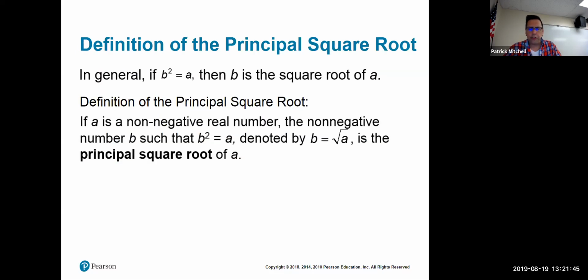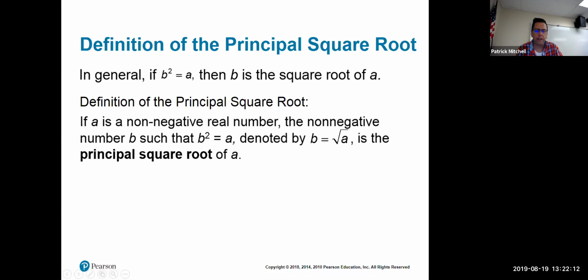Okay, so this looks very mathematical, but like with a lot of things in math, it's a very complicated way of talking about something that's pretty simple. So what this is defining is the square root. As you know, the square root of a number is a mystery number that when you square that number, you get back the original number.